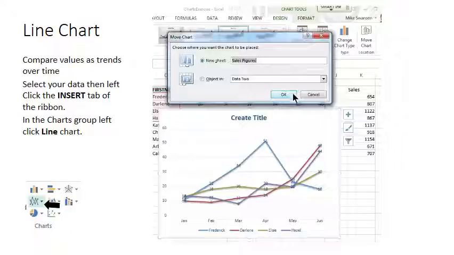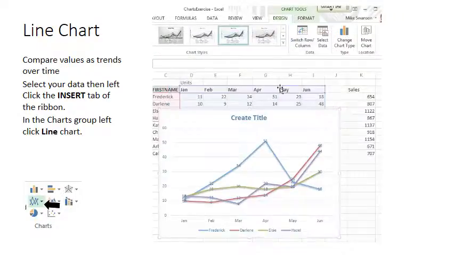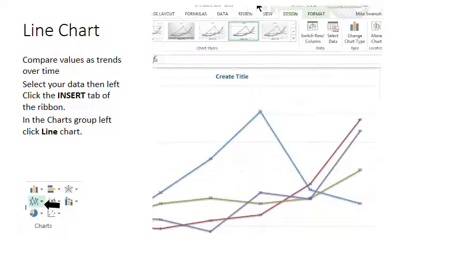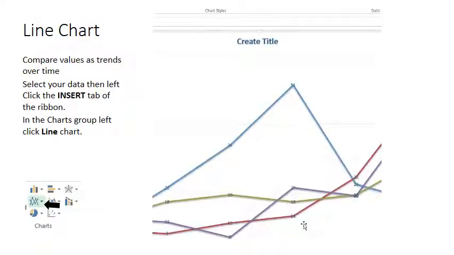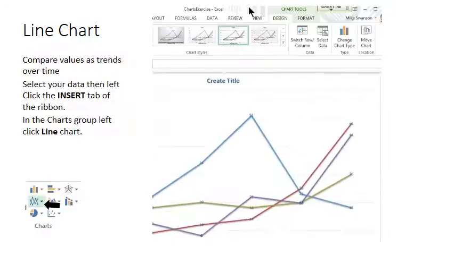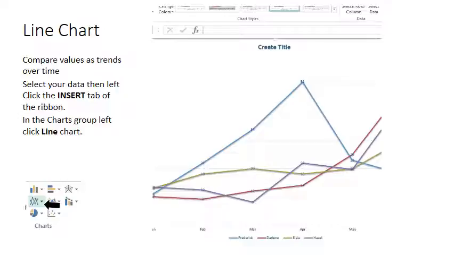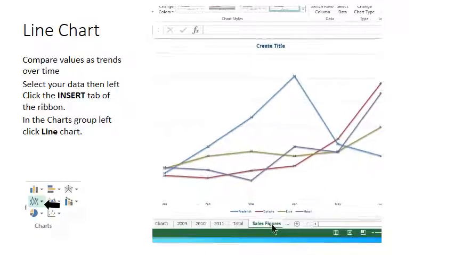So let's just show you that on its own page. Press OK. It automatically moves into its own page called Sales Figures Chart. Okay, there it is, sales figures, and the chart takes up the whole space of that worksheet.